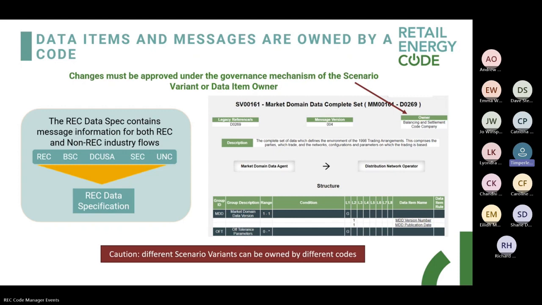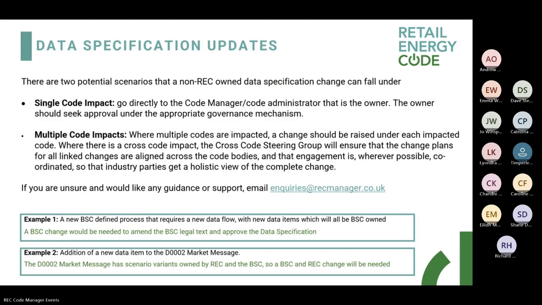And so if we move to the next slide, essentially there's 2 scenarios a data item or market message change can fall under. So it might have a single code impact. In that case, you would just go directly to the code manager, code administrator that owns the data item or market message.